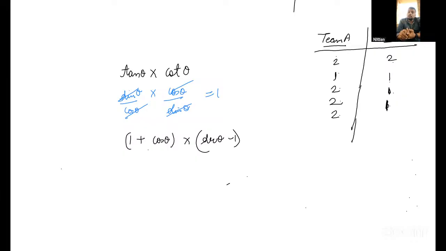Root of sine theta minus sine theta. No, root of tan theta. Sorry. I'll write this question.